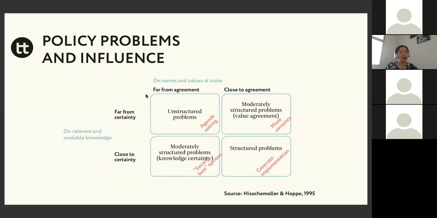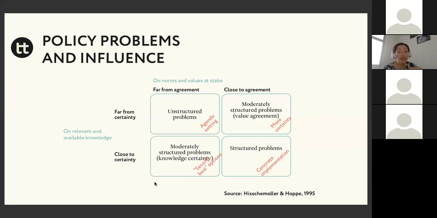And part of the exercise that I will share with you refers to doing this thinking about a policy problem that you're already working on, or a policy problem that you want to start working on, and going through this thinking about what happens in the one dimension, what happens in the second dimension, and so where does that leave us in these categories.